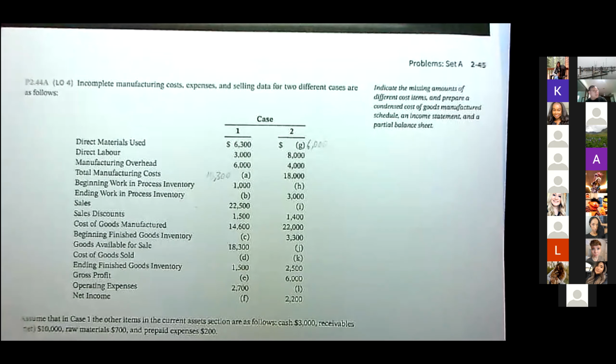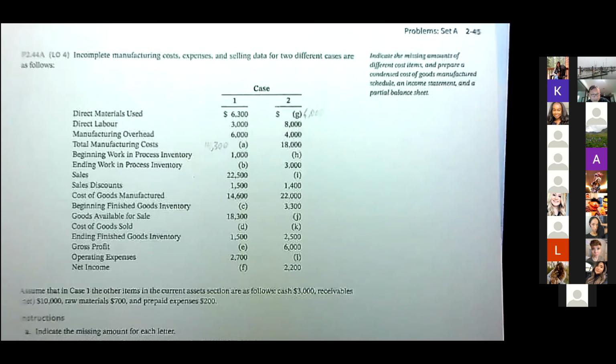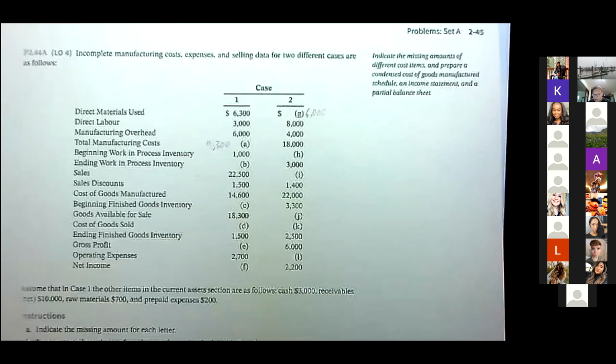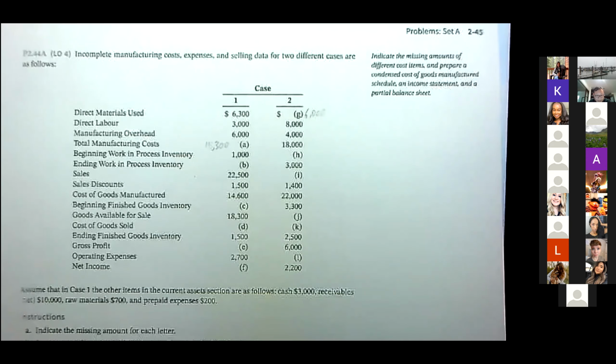So this is the question, and this is very important because it's relevant to the assignment. I want to spend some time to talk about this question. Here you've got a lot of information. The question is about, assume in case one, the current income statement section is as follows.